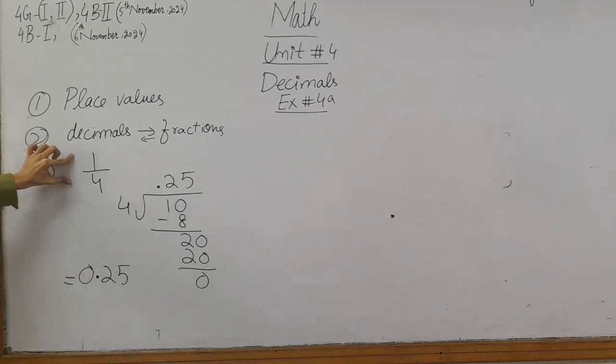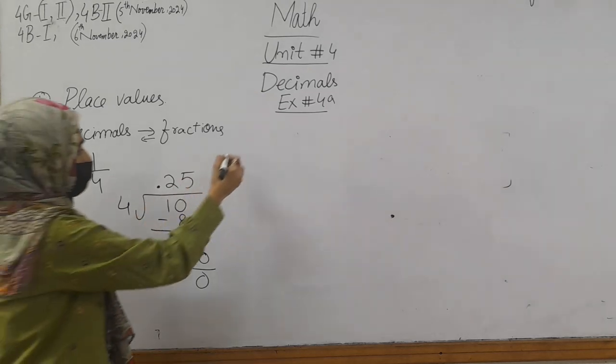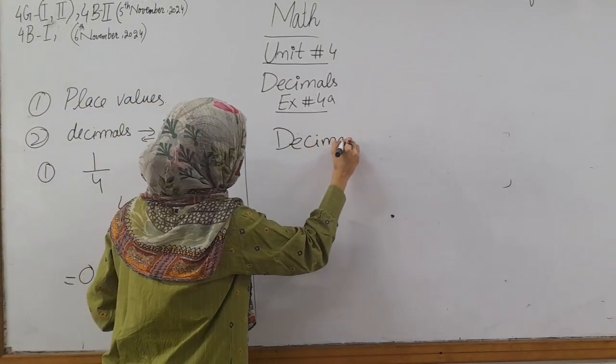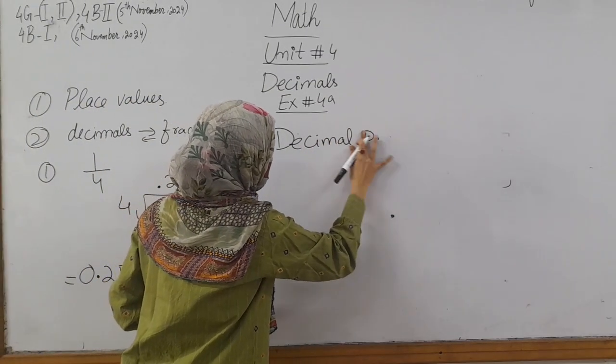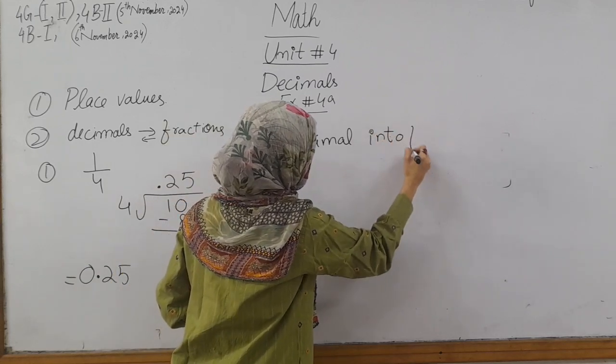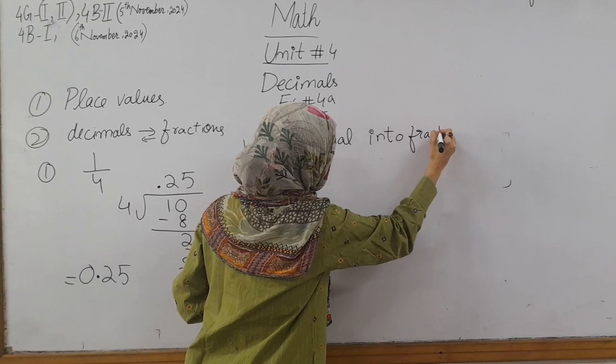So the fraction is converted to a decimal, and converting a decimal into a fraction is so easy.